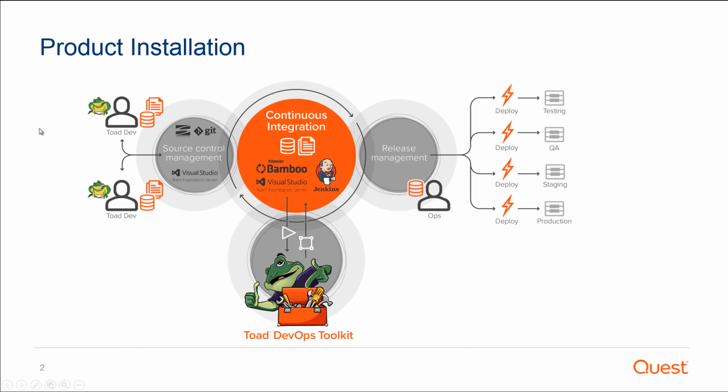So in this workflow, you can see that as developers make code changes and object changes and check them into source control, which then triggers an automated build process on your Jenkins or Bamboo or build automation server, we can initiate tasks that are undertaken by Toad DevOps Toolkit to enable database functions to be performed as part of your build, such as PL/SQL unit testing and code reviews.